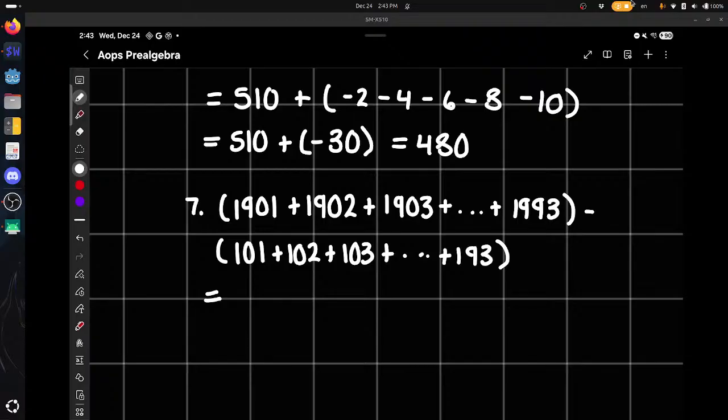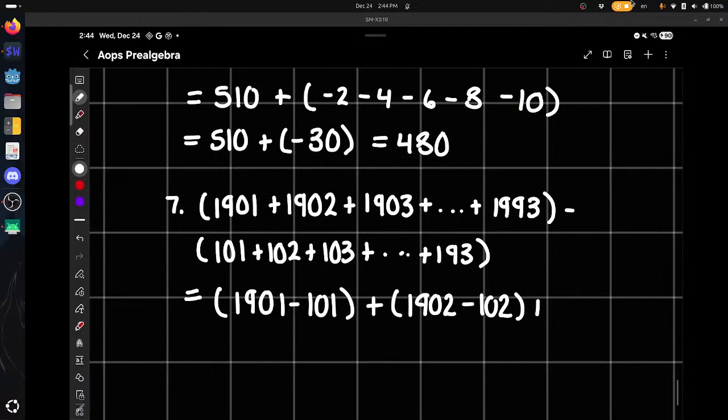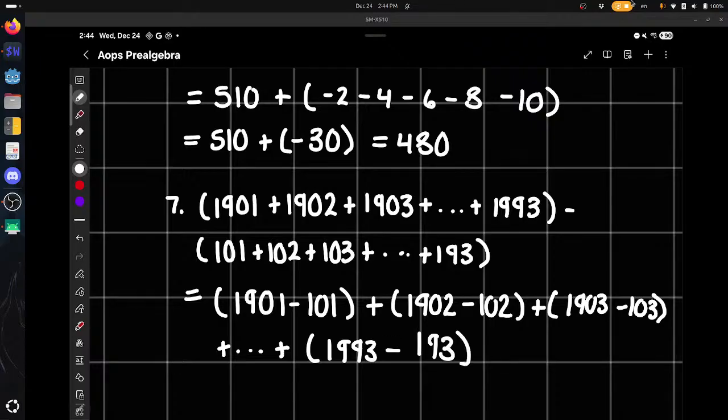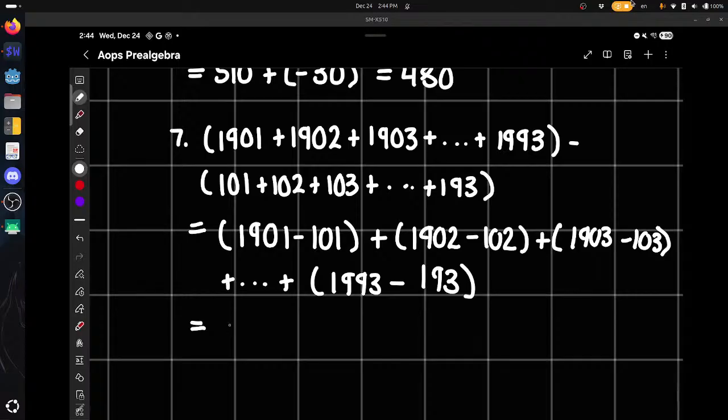So, you know, 1 minus 1 plus 202 minus 102 plus 1903 minus 103 plus dot dot dot plus 1993 minus 193, and then we're left with 100 for all of them. That's what we're left with.